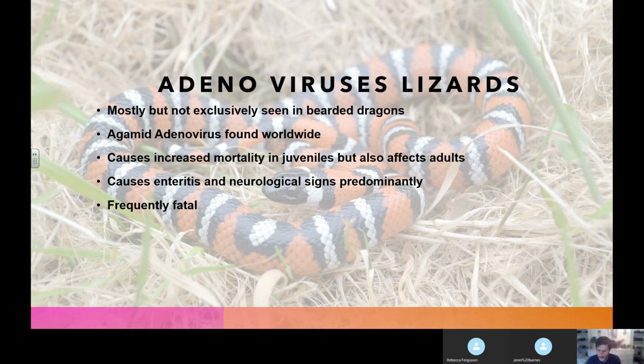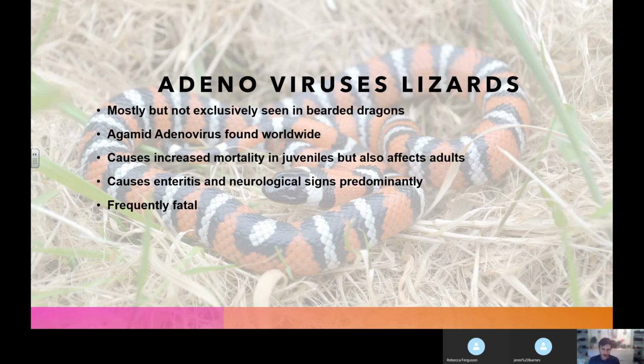I've diagnosed many cases of adenovirus over the years in bearded dragons. And although it's mostly seen in bearded dragons, it's not exclusive to beardies. I've personally diagnosed it in blue-tongued skinks, and I know colleagues that have identified it in other diurnal lizards, predominantly in agamid lizards. But who knows as to what other species may be susceptible.